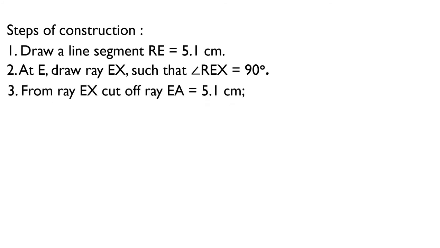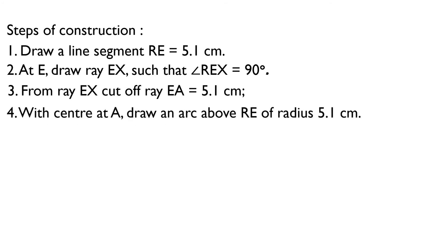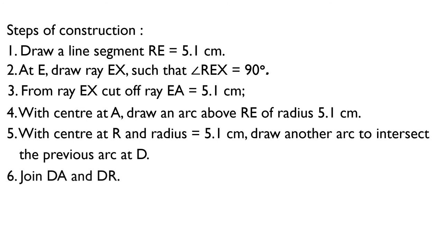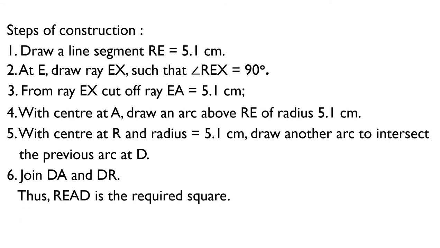Number 3, from ray EX cut off ray EA equal to 5.1 centimeter. Number 4, with center at A, draw an arc above RE of radius 5.1 centimeter. Number 5, with center at R and radius equal to 5.1 centimeter, draw another arc to intersect the previous arc at D. 6, join DA and DR. Thus, READ is the required square.